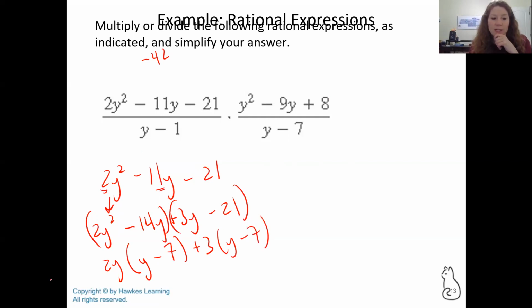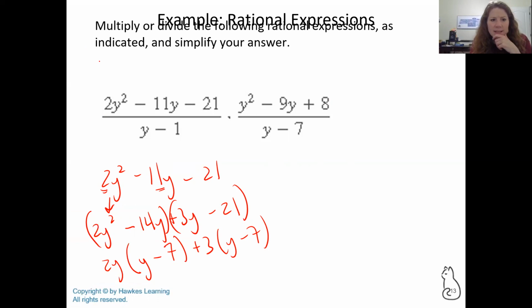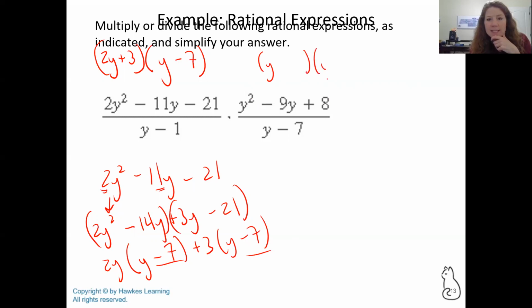So our numerator simplified is 2y plus 3 times y minus 7. Okay, and now for this other numerator, we want two numbers that multiply to give us 8 and add to give us -9. So that would be -8, -1.